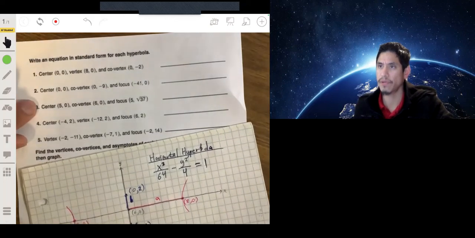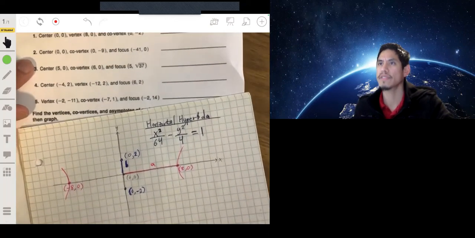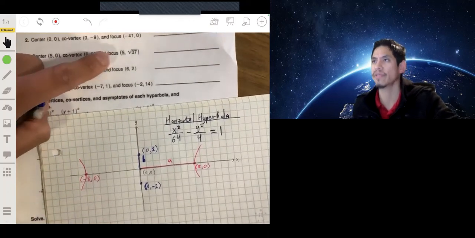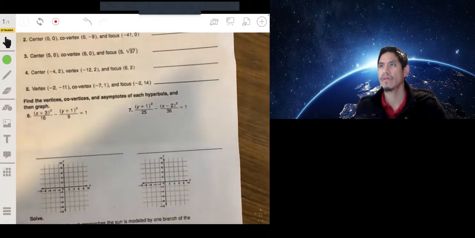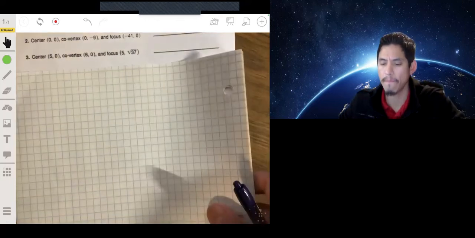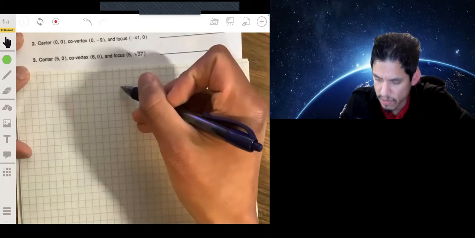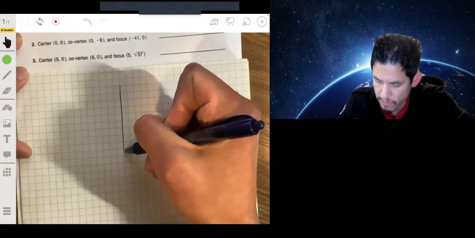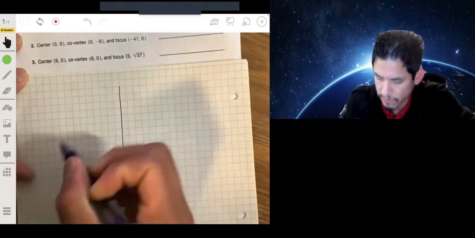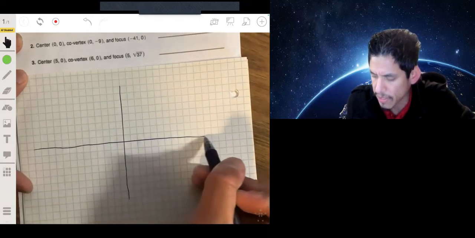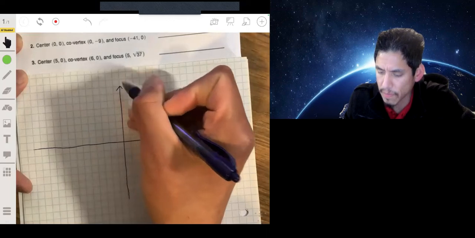Alright, let's go to number 3. So we're going to have a hyperbola centered at 5, 0, and a co-vertex at 6, 0, and a focus at 5, root 37. So let's graph these. That'll be our y, and that'll be our x axis.